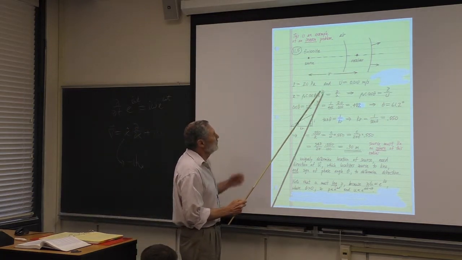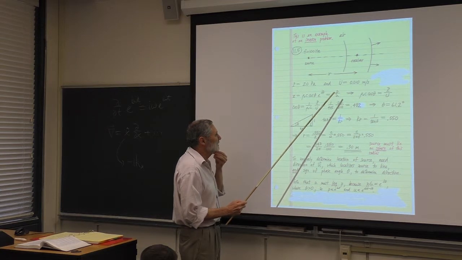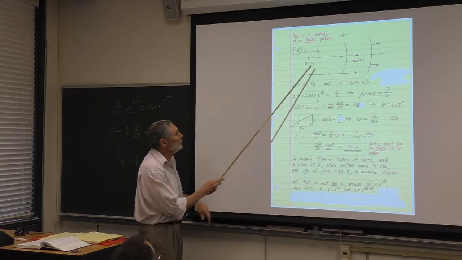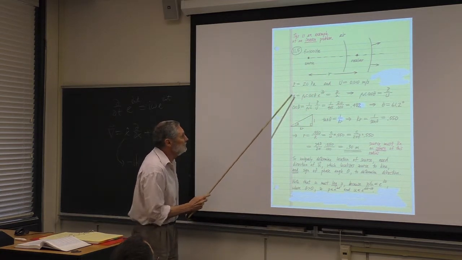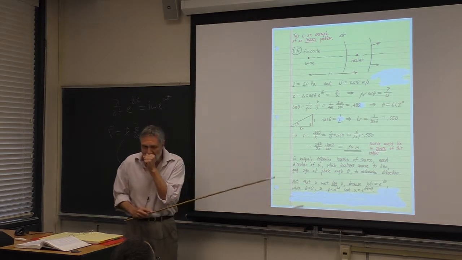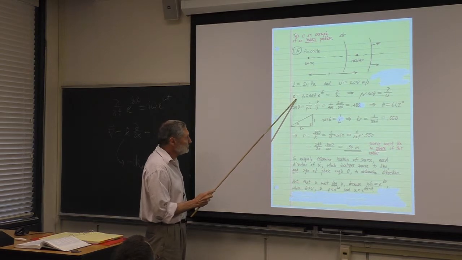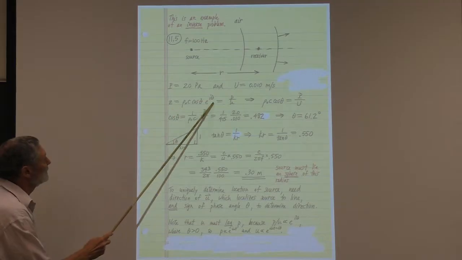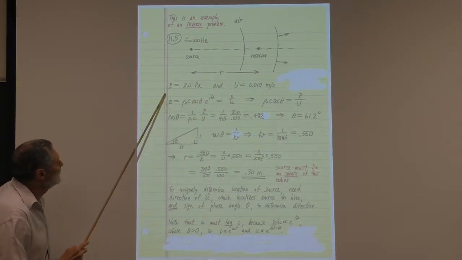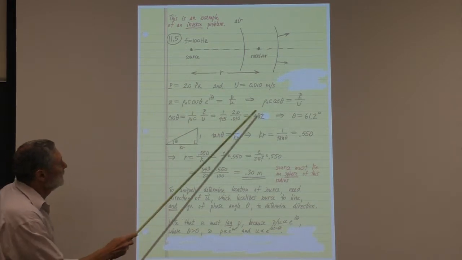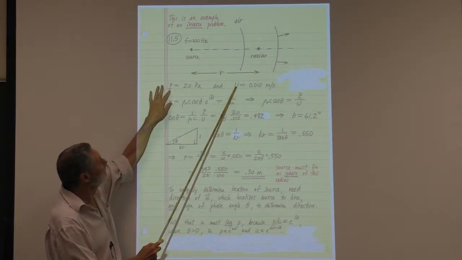So how can we approach this? Well, we're going to have a spherical wave here. We know for a spherical wave that the impedance is equal to this. If we take the modulus of this, then we get this relationship between our peak amplitudes.